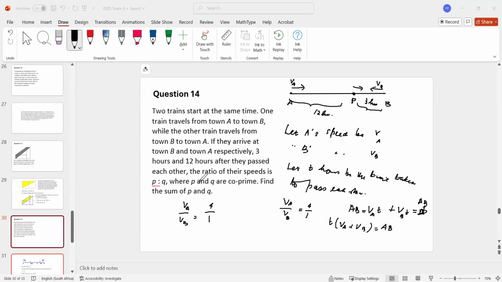Now they say here the ratio of the speeds is P over Q. So this is also P over Q, right? The ratio of the speeds. So you will have that P is not equal to 4, Q is not equal to 1 for the time being, but it will be P is equal to 4M, something 4 times something over 1 times something.